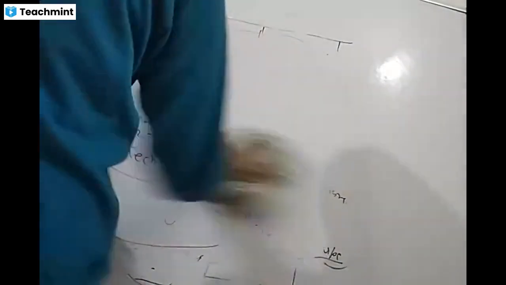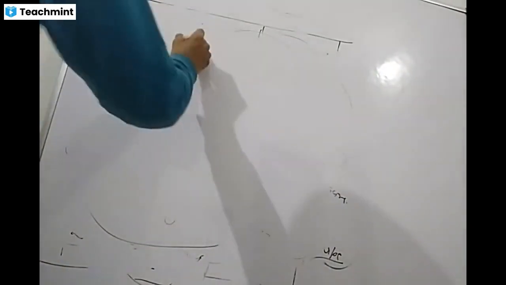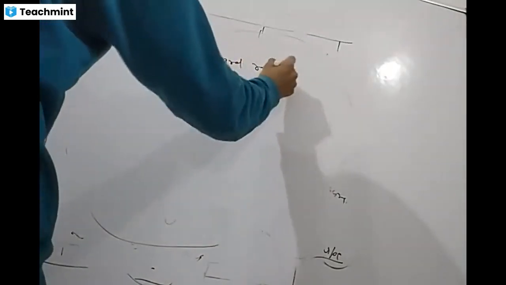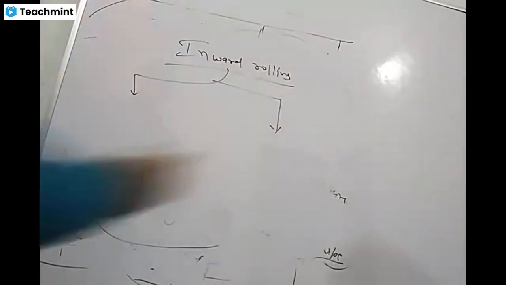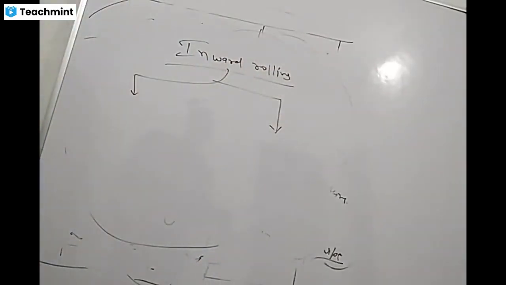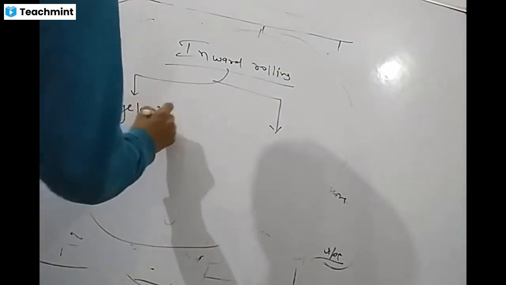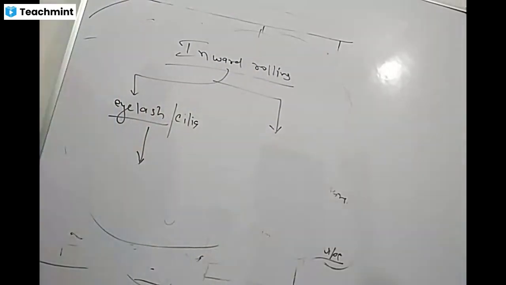One more important thing about entropion is, as I told, it is inward rolling. Inward rolling of what? If there is inward rolling of eyelashes or cilia, it is not called entropion.